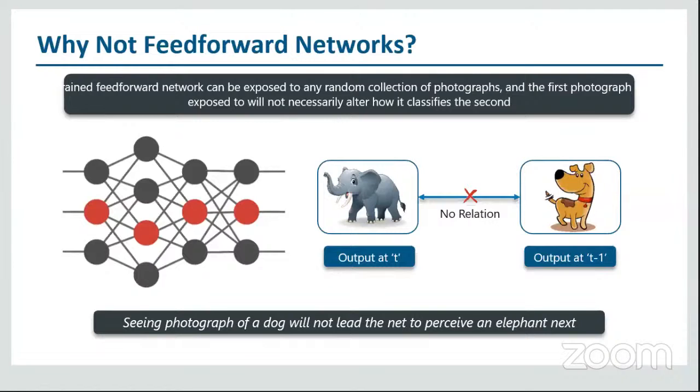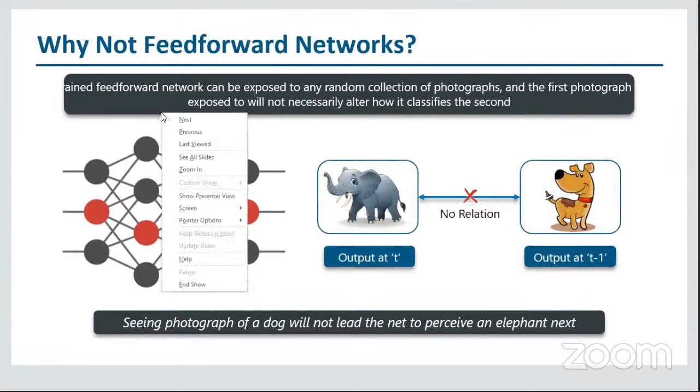Seeing a photo of a dog will not lead the net to pursue an elephant next, which is obvious, because at the output you are not relating anything to your previously imagined output.